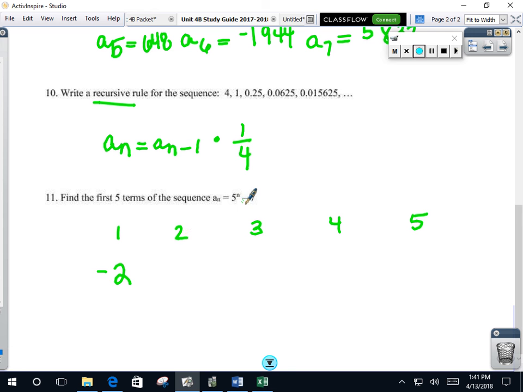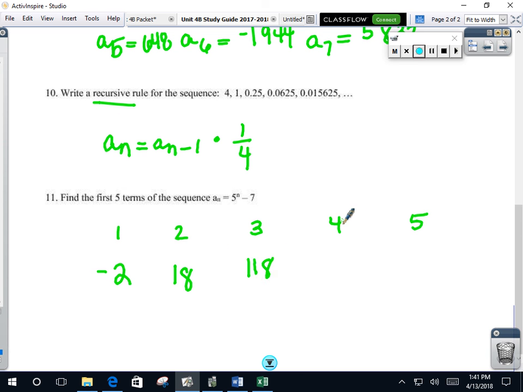To find the second term, what do you think you're going to do? Plug 2 in for the n. 5 squared is 25. 25 minus 7 is 18. And then to find the third term, what do you think you're going to do? You're going to plug in 3. And 5 cubed is, and 125 minus 7 is, right?